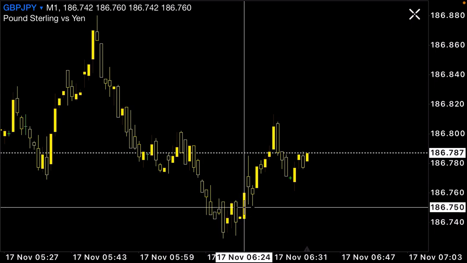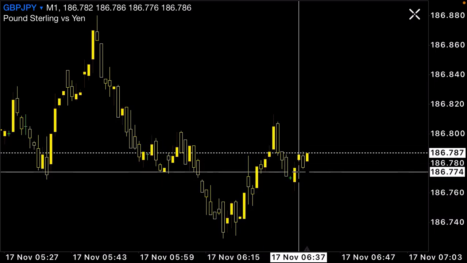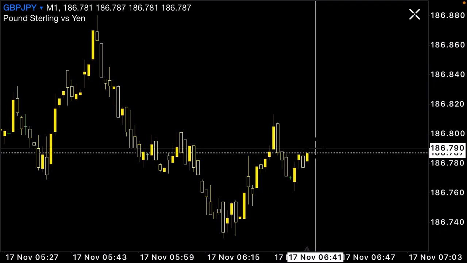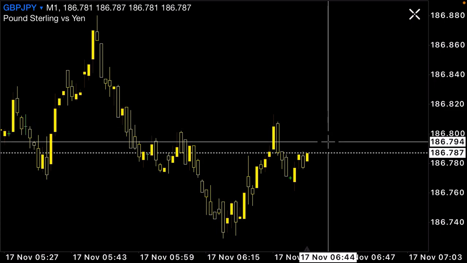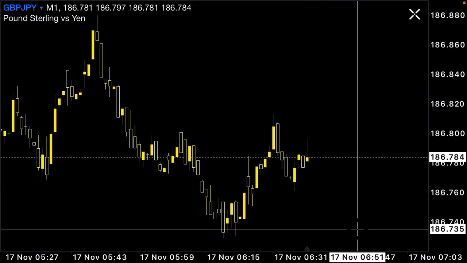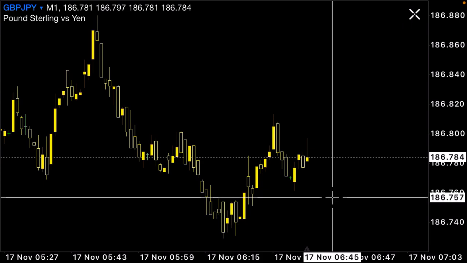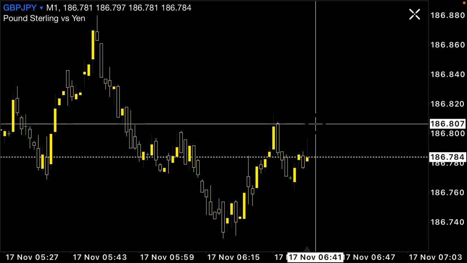So here's the move up, then it came down, and now it's making another move up to form another double top up here. And then it's expected to keep going and then come down and touch. So yeah, there it is.